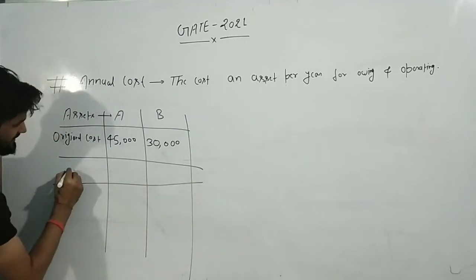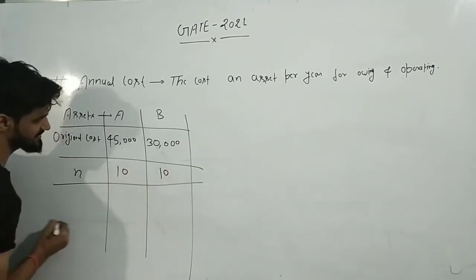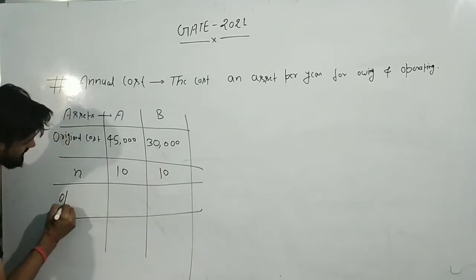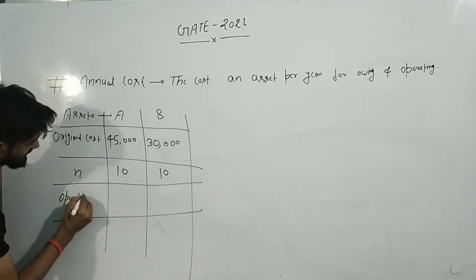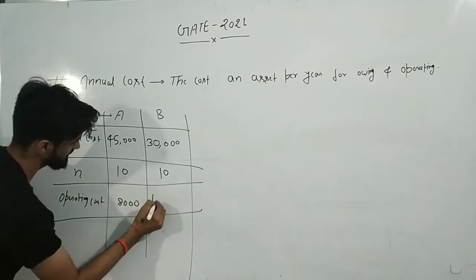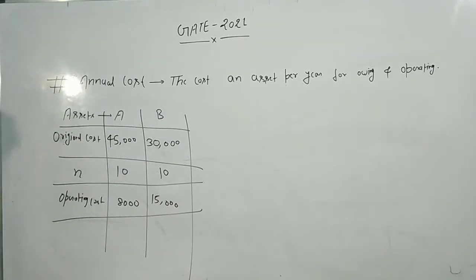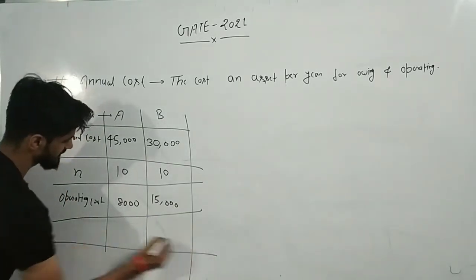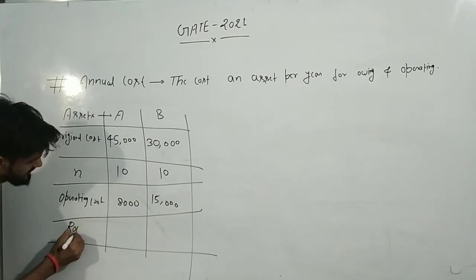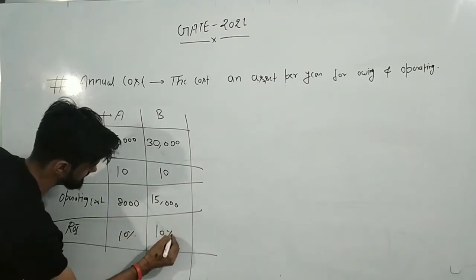Now the service life N is 10 years for this and 10 years for this. Now operating cost is equal to 8,000 and here it is 50,000. Now here rate of interest is 10% and here 10%.